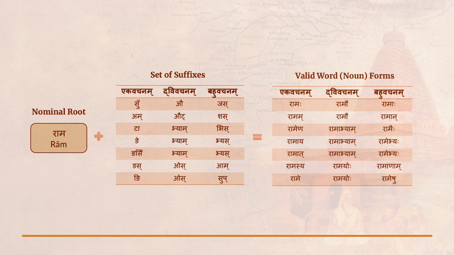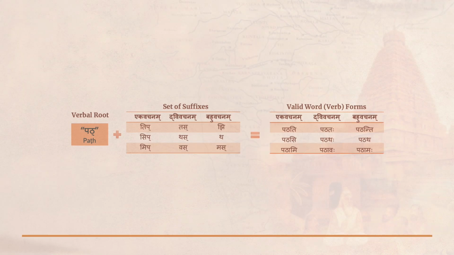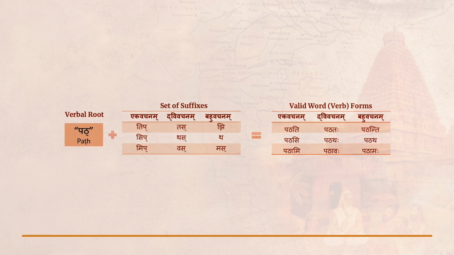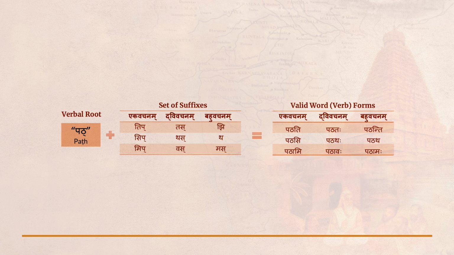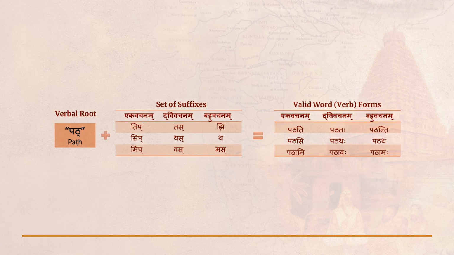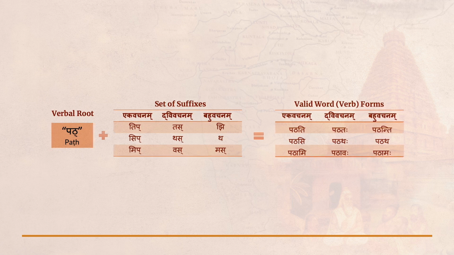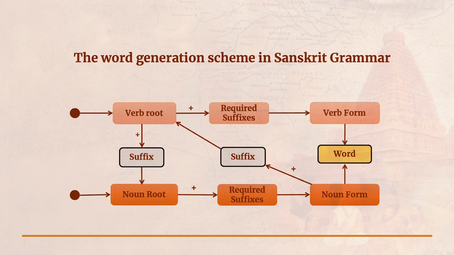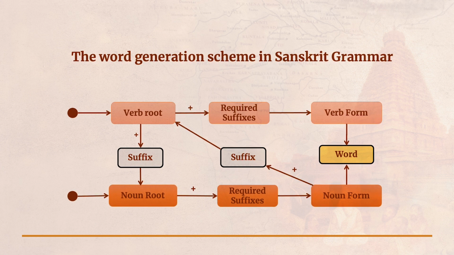This is the number. Similarly, this 3 into 3 is first person, second person, third person, and singular, dual and plural. That's how you get this 3 into 3, 9 here. This is a simple representation for you to understand. This is the basic structure of the Sanskrit language itself.